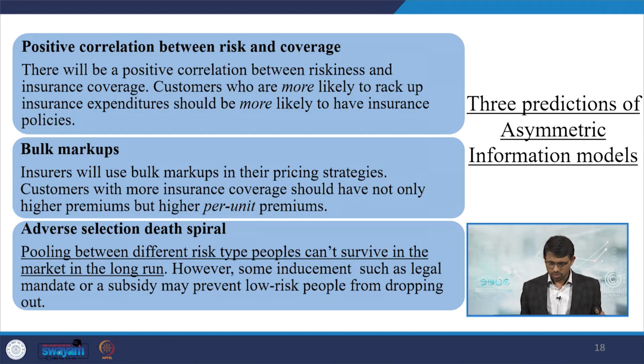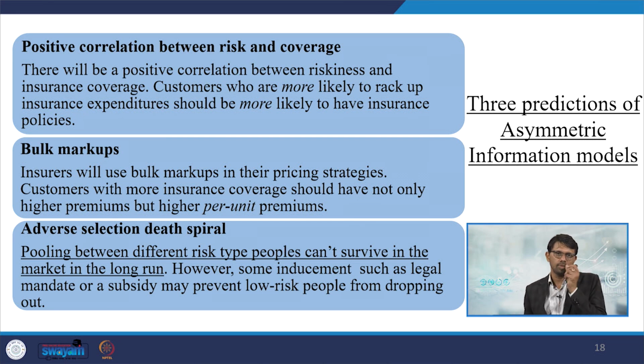There are three predictions of asymmetric information models. One is positive correlation between risk and coverage, another is the bull markup, and another is the adverse selection death spiral. As far as positive correlation between risk and coverage is concerned, customers who are more likely to incur insurance expenditures should be more likely to have insurance policies.